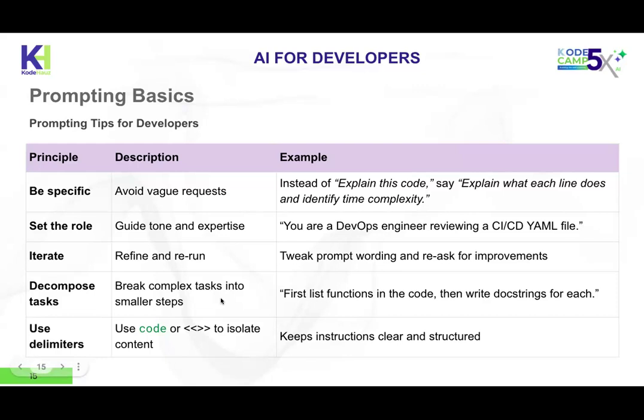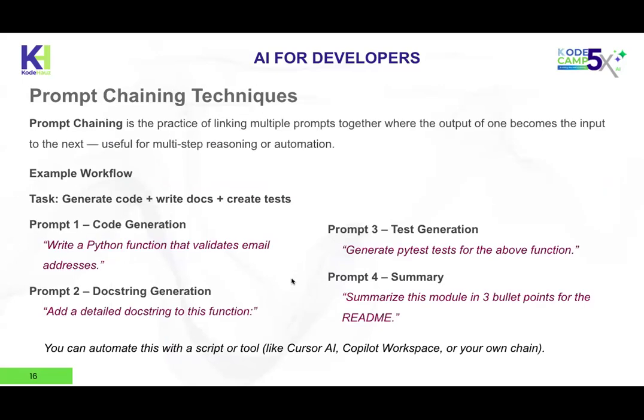Use delimiters in your prompt. It helps. Commas, question marks, using the code block delimiter, using the quote block delimiters. This helps to give it additional context on what you are doing.